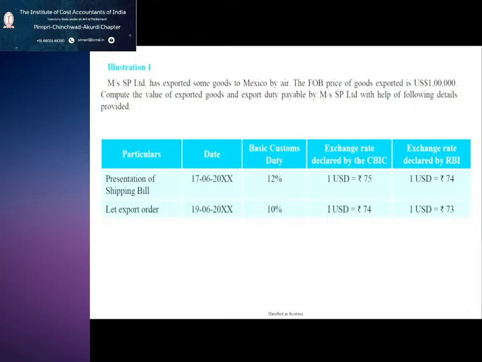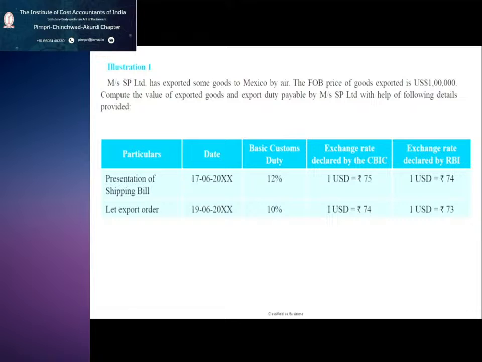And basic customs duty: at the time of presentation of shipping bill it is 12%, and at the time of LET export order it is 10%. Then the exchange rate declared by the CBIC and the exchange rate declared by RBI. Which exchange rate we need to consider is also very important, whether by the CBIC or by the RBI.